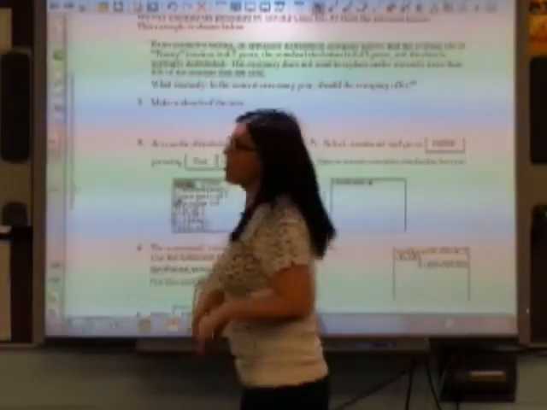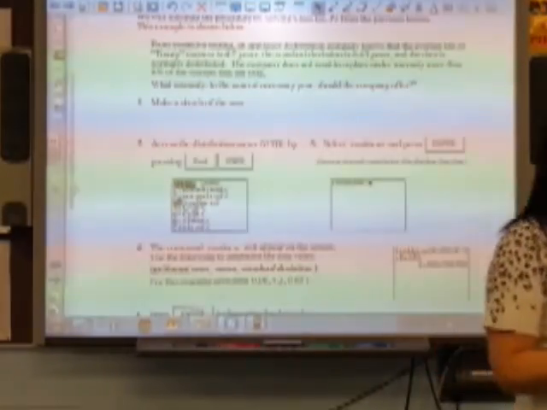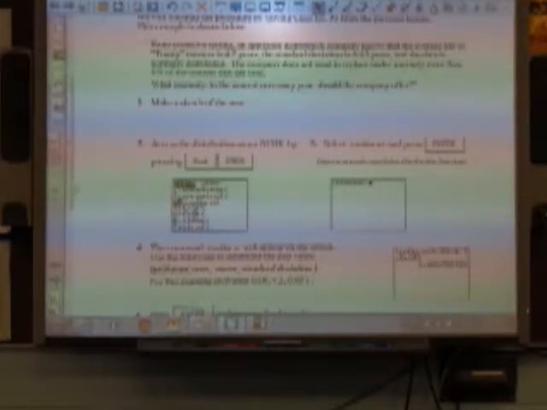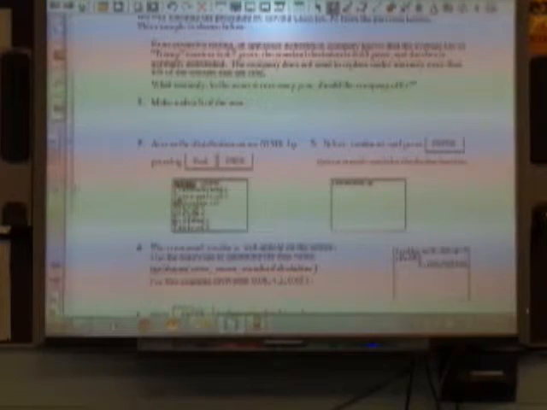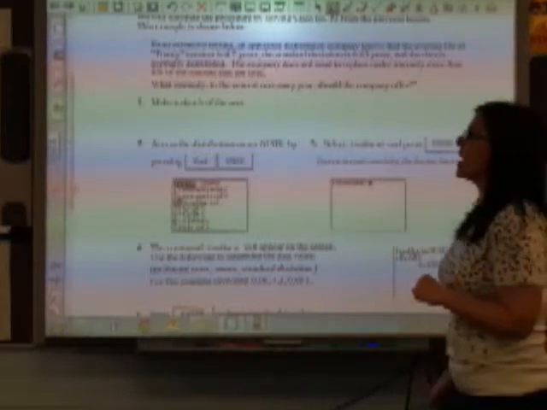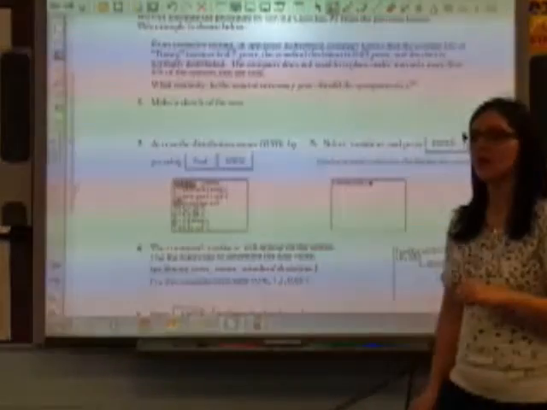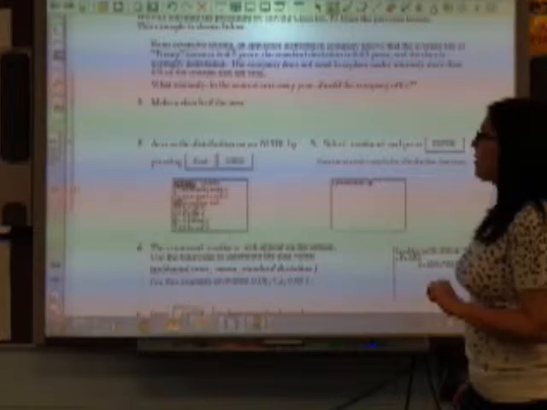So if we look at that Toasty Toaster question that we did last time. Toasty Toasters knows that the average lifespan of their toasters is 4.2 years and the standard deviation is 0.65 years. They do not want to replace under warranty more than 8% of the toasters that they sell. So what kind of a warranty should they offer?